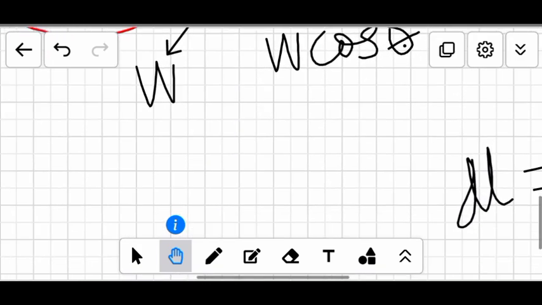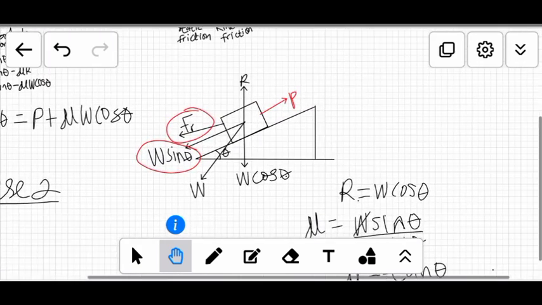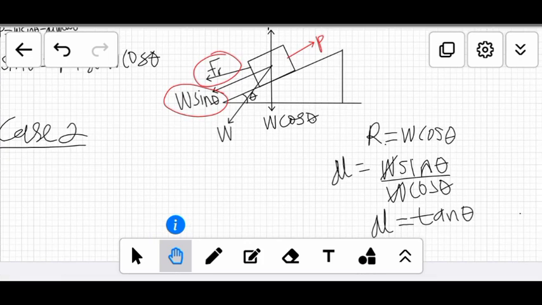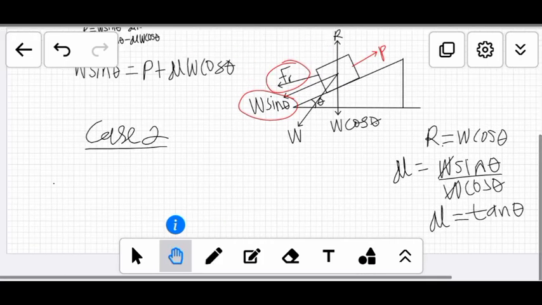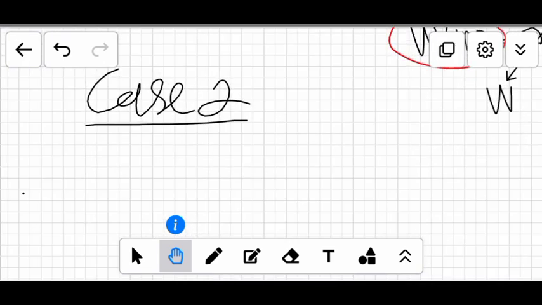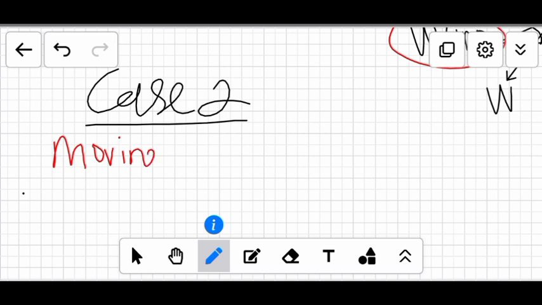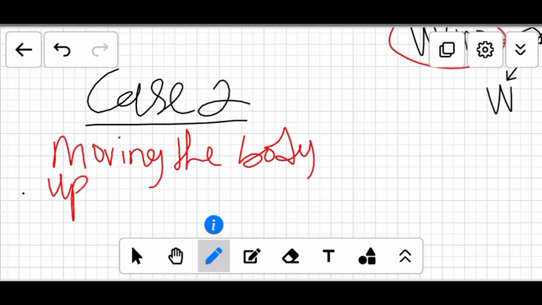So in order to move the body up the plane, you need a force P, that's case 2, moving the body up the plane, that is a case of ascending.